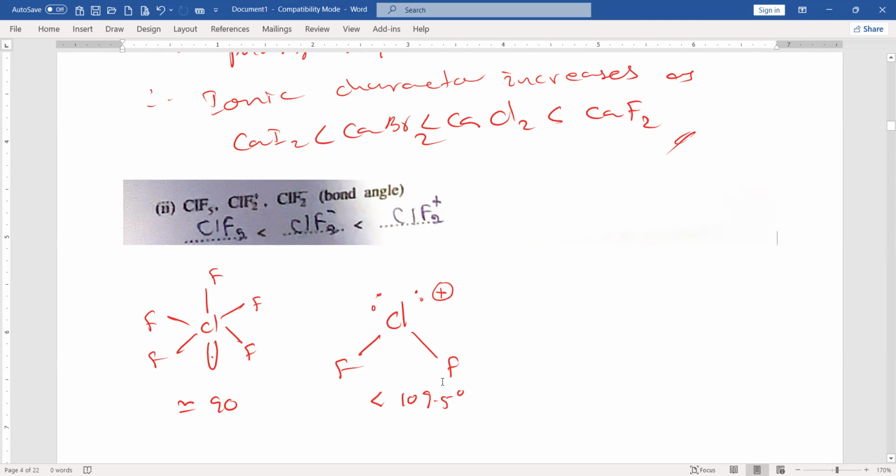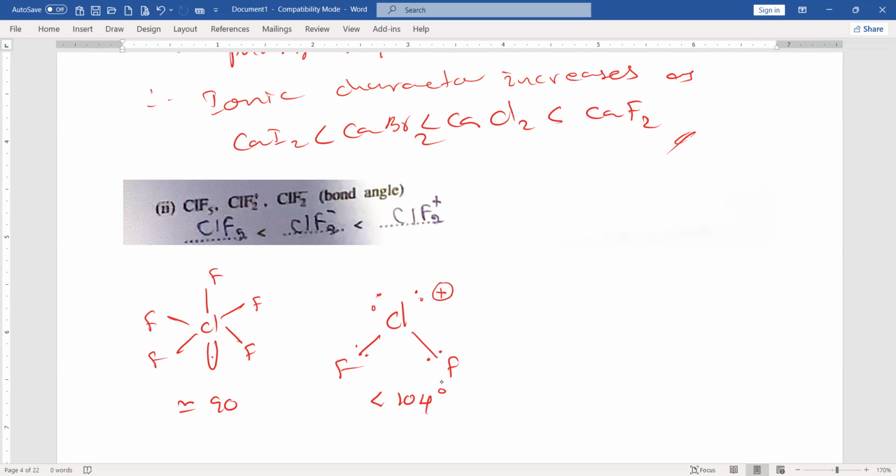So this bond angle must be less than 104 because the central atom is bigger, and also the electrons are much closer to the fluorine, not to the chlorine. Therefore, the repulsion between these bond pairs will be less. So the bond angle must be definitely less than 104, maybe 102. So it's a very small bond angle.